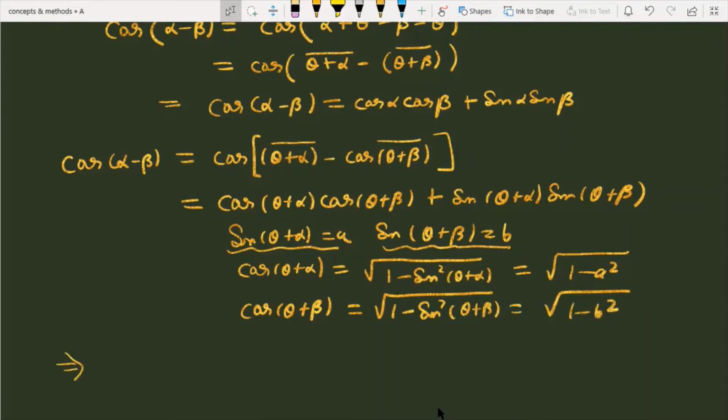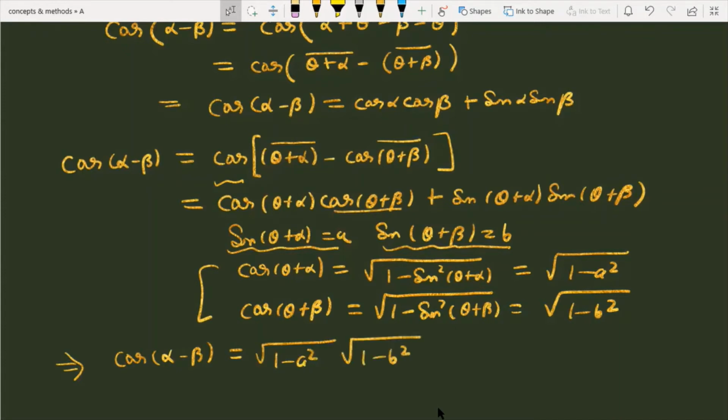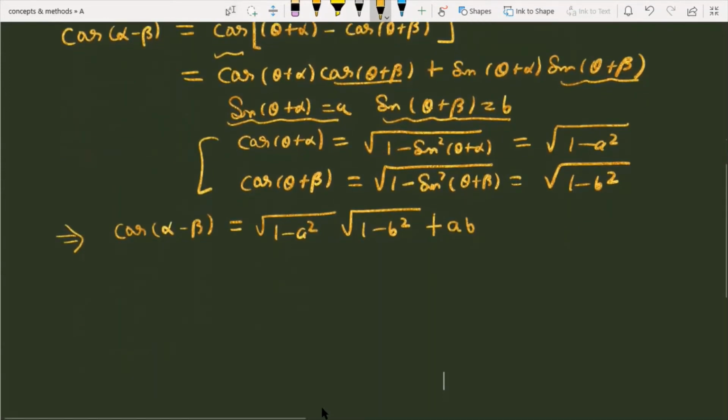Now for cos(α − β), I'm just using these values in the given expression. cos(θ + α) = √(1 − A²), cos(θ + β) = √(1 − B²), sin(θ + α) is A, and sin(θ + β) is B. Now we have to simplify this expression to find the result.